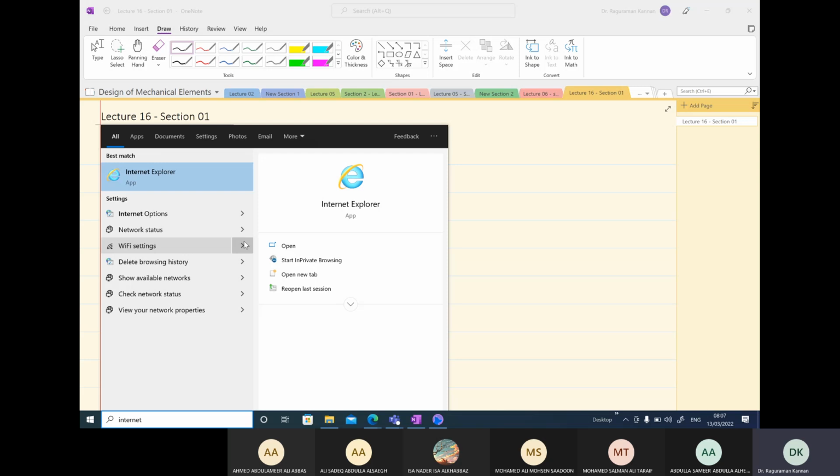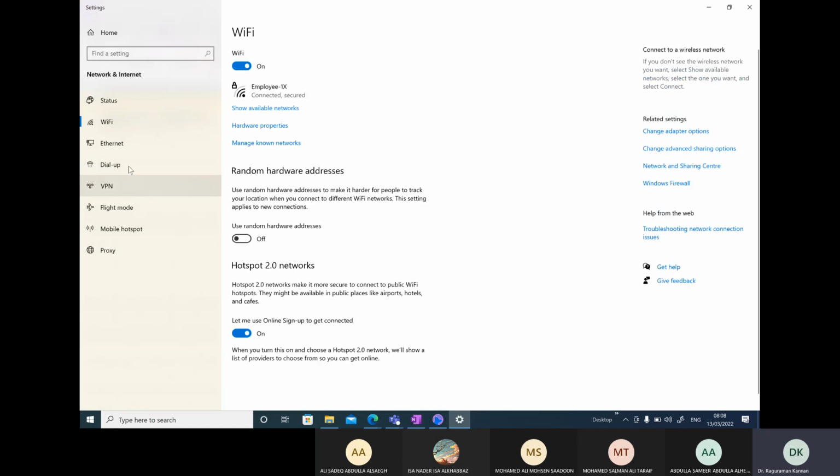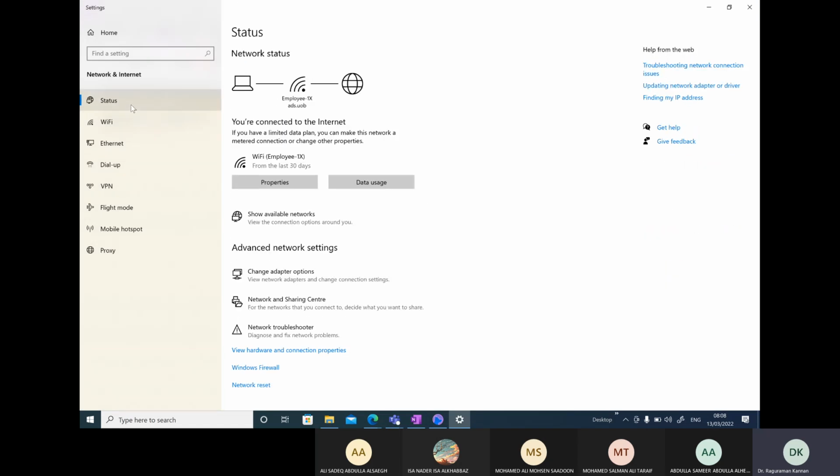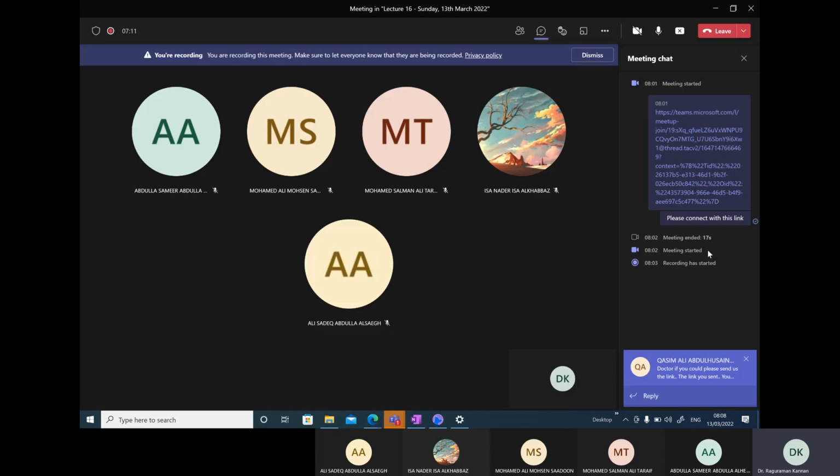Network status, here Wi-Fi. The link is already provided in the chat here, so please connect through the chat.